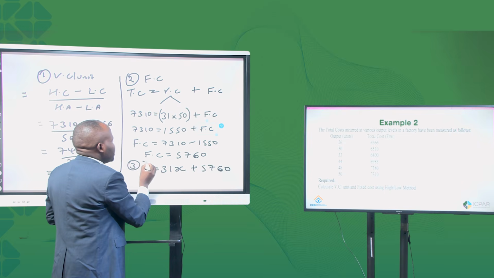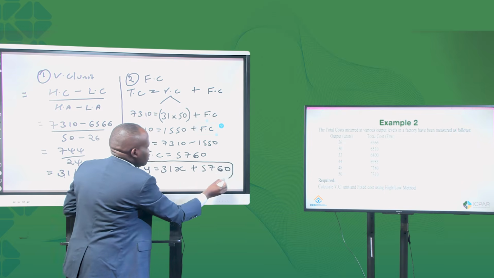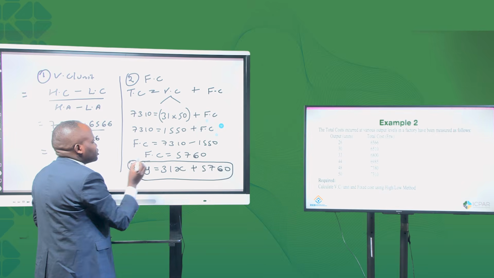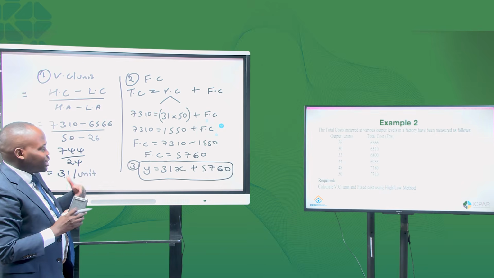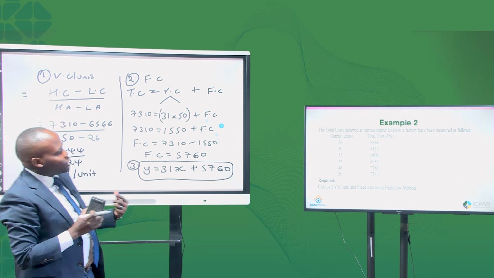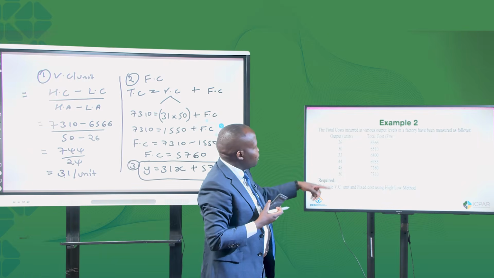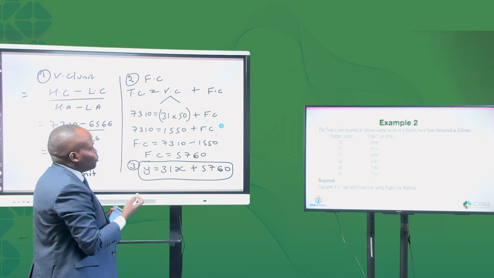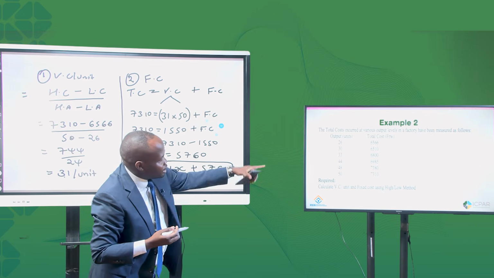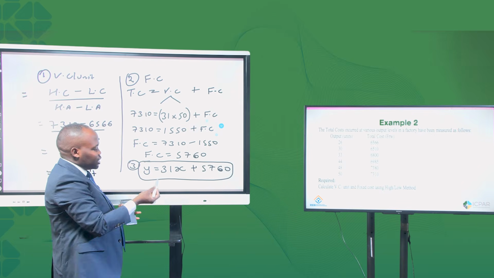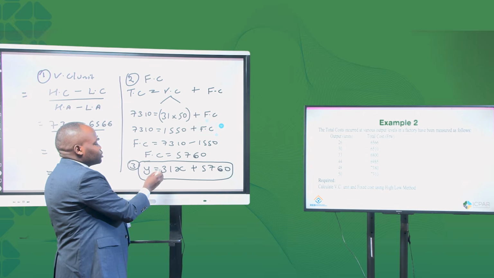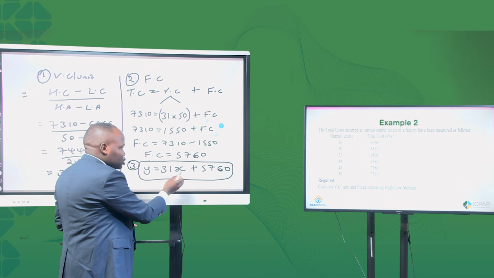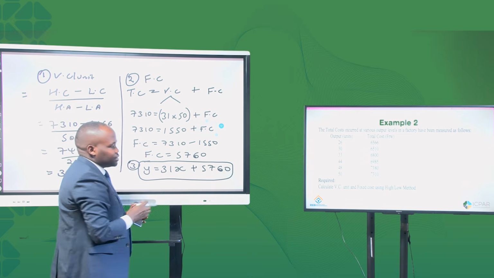We were not asked for the equation. And then maybe if we were asked to estimate the total cost of producing, let me look for a different figure, 32 units. If you were to produce 32 units, y is equal to 31 times 32 plus 5760.